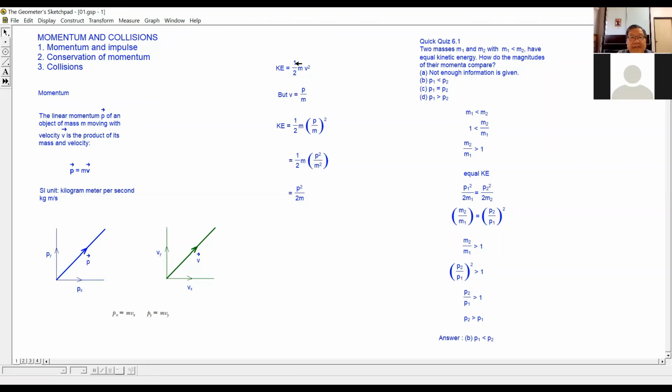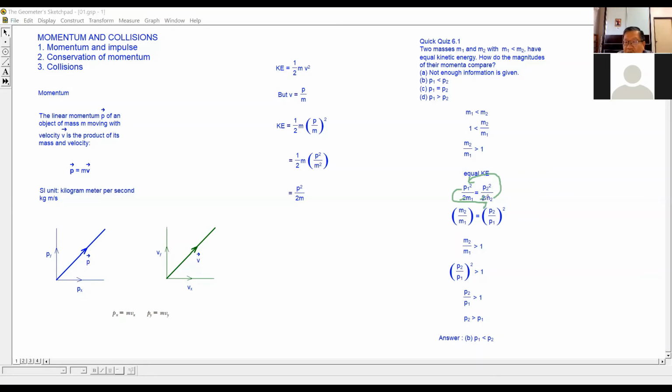And after that, I cancel off the two. Then the M2, I move to this side to get M2 over M1. Then the P1, I move to the other side.